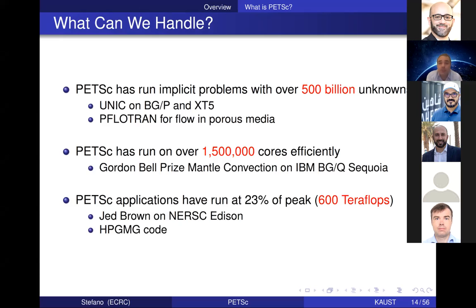For example, it's been used to solve an implicit problem, meaning solving a linear system within a nonlinear application, with 500 billion unknowns. Also, PETSc has shown to be efficient on 1,500,000 cores on an IBM Blue Gene/Q. The group that ran that specific simulation was from UT Austin, and they won the Gordon Bell Prize for mantle convection. This was 2015.